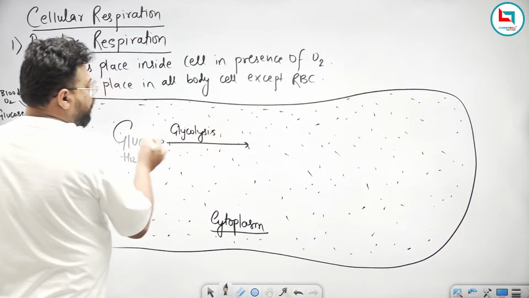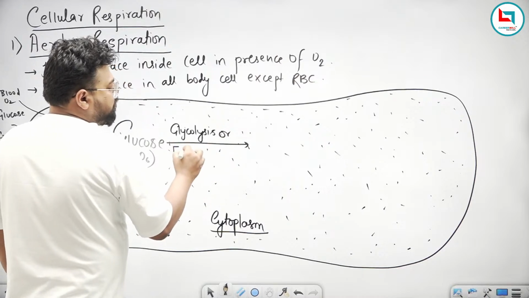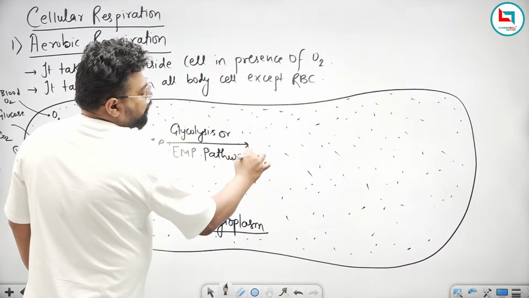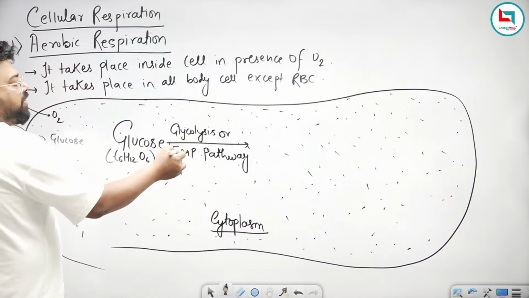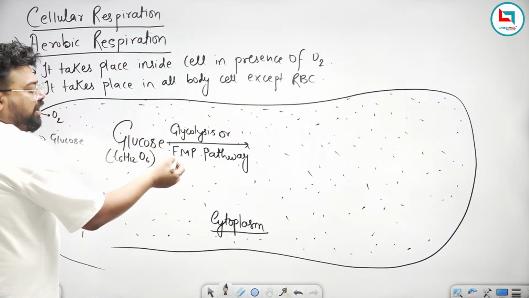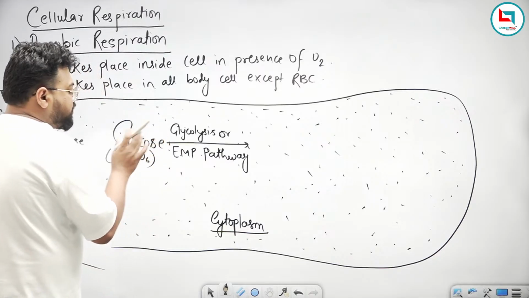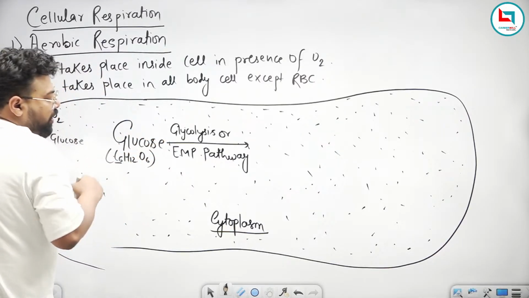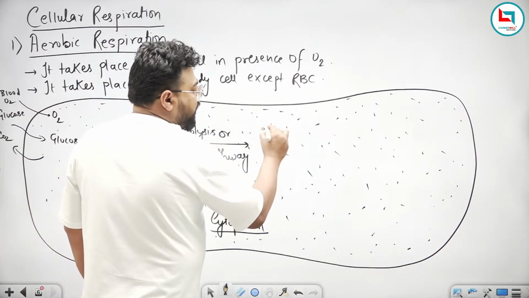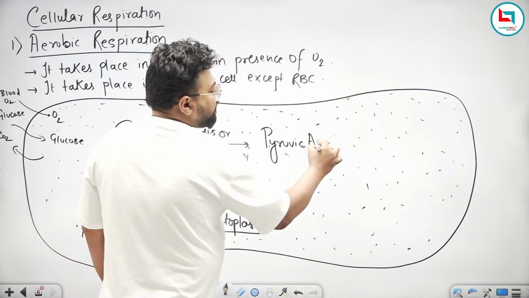Glyco means glucose, lysis means breakdown, or it is also known as EMP pathway in the name of the three different scientists, Embden, Meyerhof, Parnas. So the glucose will enter into a cycle inside cytoplasm, in which this 6 carbon compound will get converted into a 3 carbon compound known as pyruvic acid.